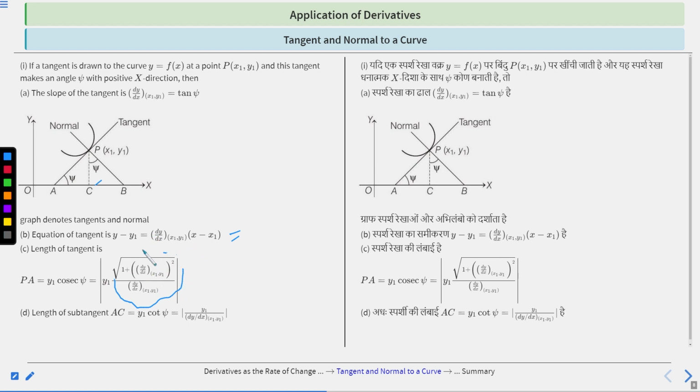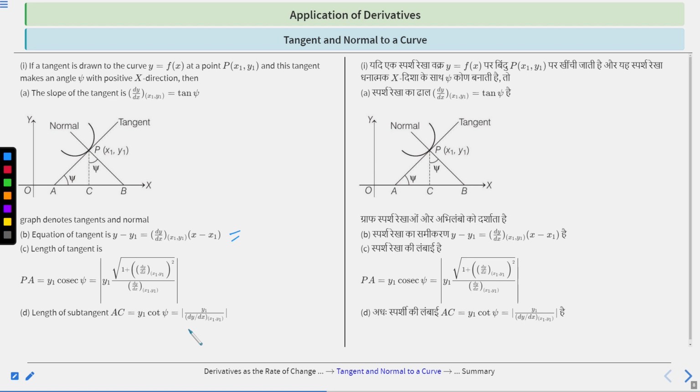Now the length of the subtangent. What is the length of the subtangent? The subtangent is basically the component of the tangent along the x-axis, right? So PA is the tangent, so AC will be the component of the tangent, that is the length of the subtangent. So the length of the subtangent is y1 cot psi, and y1 cot psi is basically y1 upon dy/dx at (x1, y1), right?